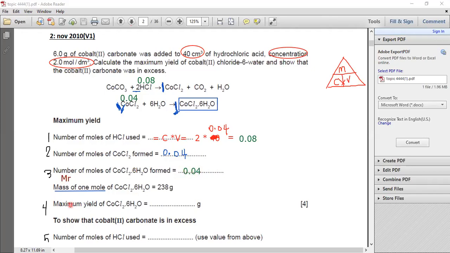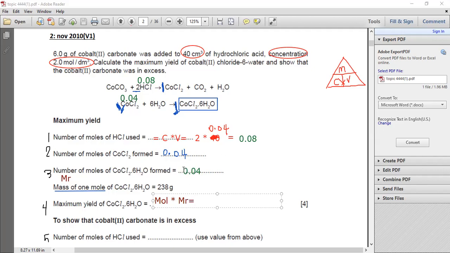I'm asking you about maximum yield in a gram. So this is mass. How can you find the mass? This mass from which triangle? From the first triangle. Mass equal what? Moles multiply MR. What is number of moles?